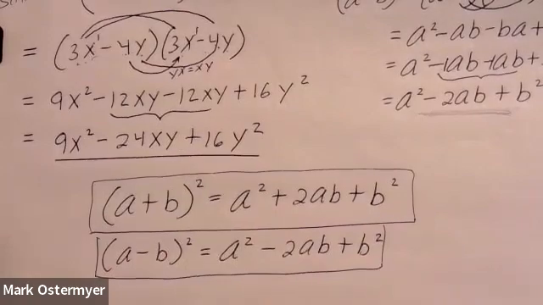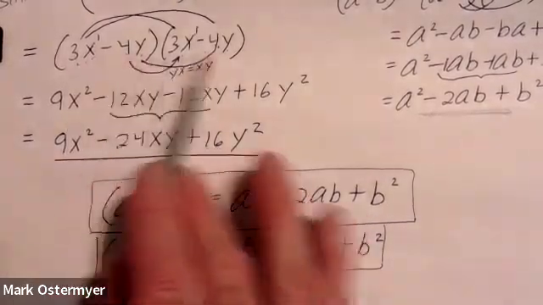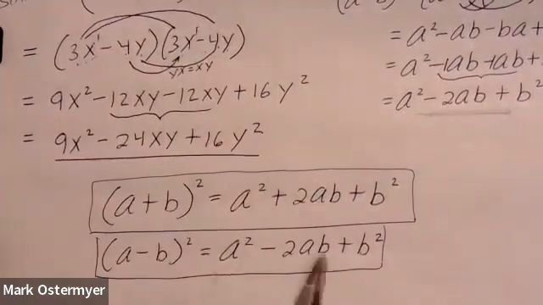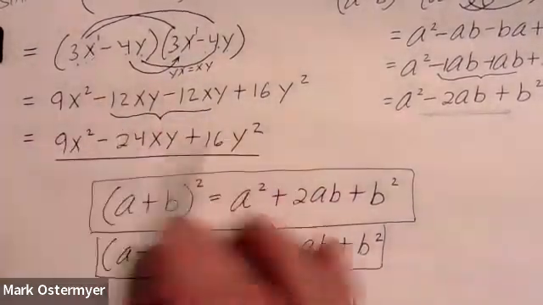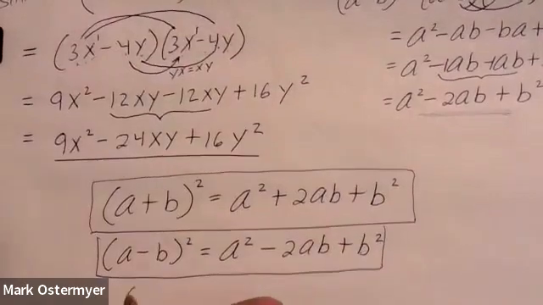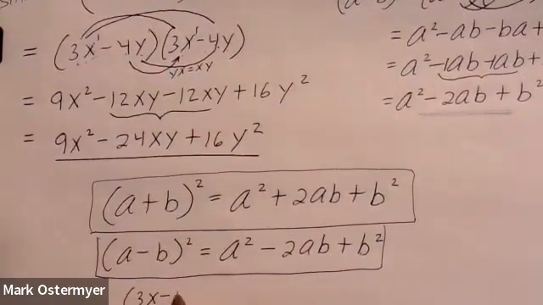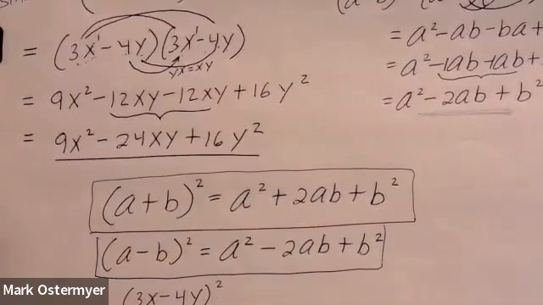And so in squaring 3x minus 4y up here, I could have used one of my patterns instead of FOILing it all out the long way. So I'm going to do 3x minus 4y squared again, but this time I'm going to make use of one of these patterns, the a minus b pattern.